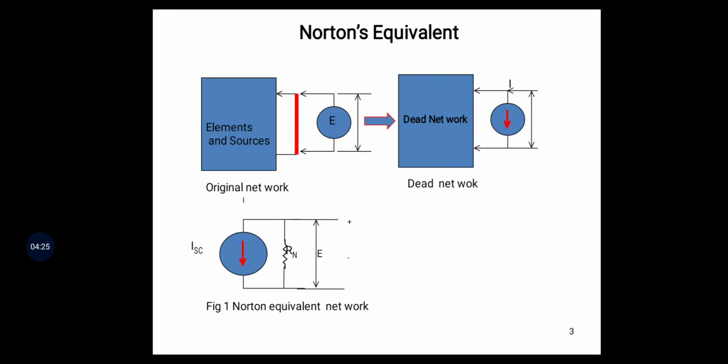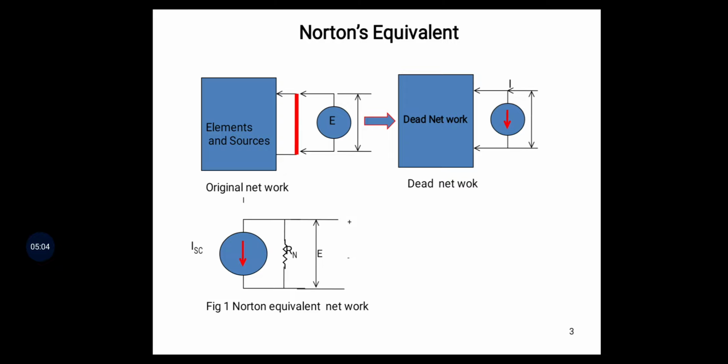This is the block diagram of Norton's equivalent circuit. So here is the original network. The first diagram represents the original network with all elements and sources: current source, voltage source, resistors, capacitors. Then we want to apply Norton's theorem here. What can we do? We short circuit the output terminals. After short circuiting, we find the current I. That current is called Norton's current IN.